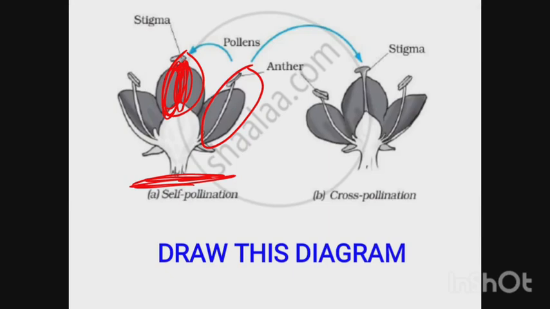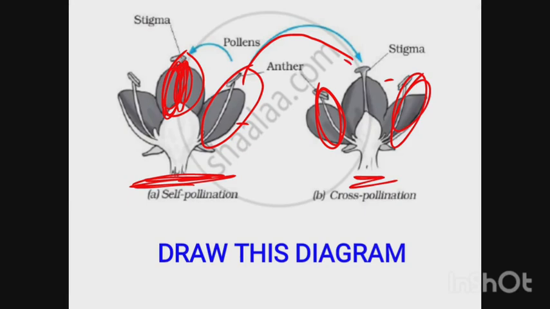This is the anther. This is the male reproductive organ right there, and this other flower too, let's assume it does not have the male counterpart. It only has the female, the stigma. So this one has the male, this one has the female. For it to cross pollinate, the pollen grains have to move from this male to the stigma right here, which is the cross pollination.